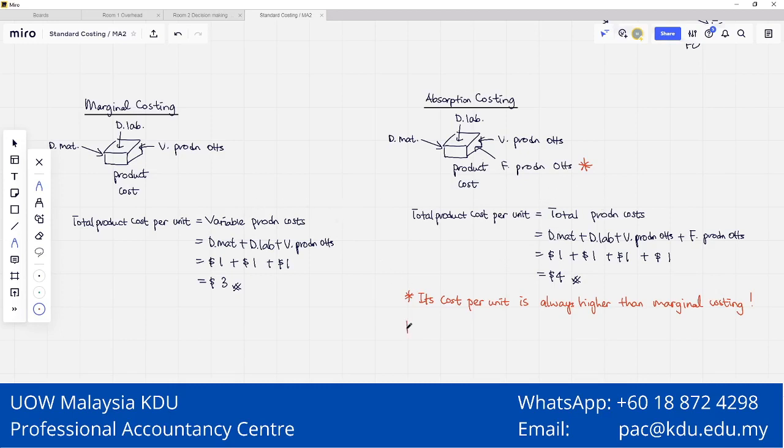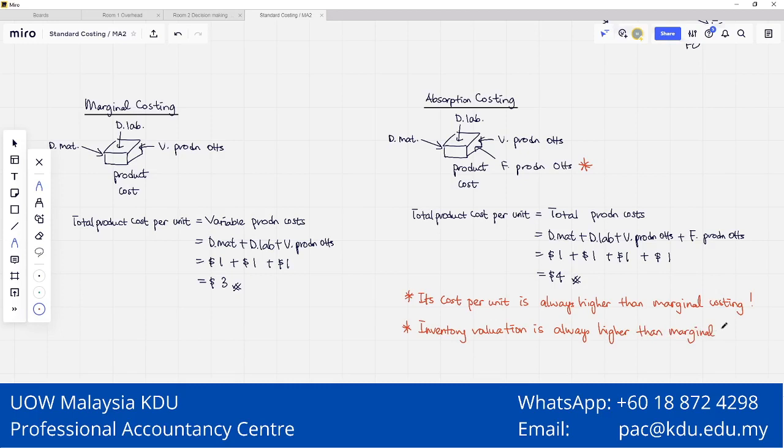And another one, when you value your stock, inventory valuation under absorption costing is always higher than marginal costing.